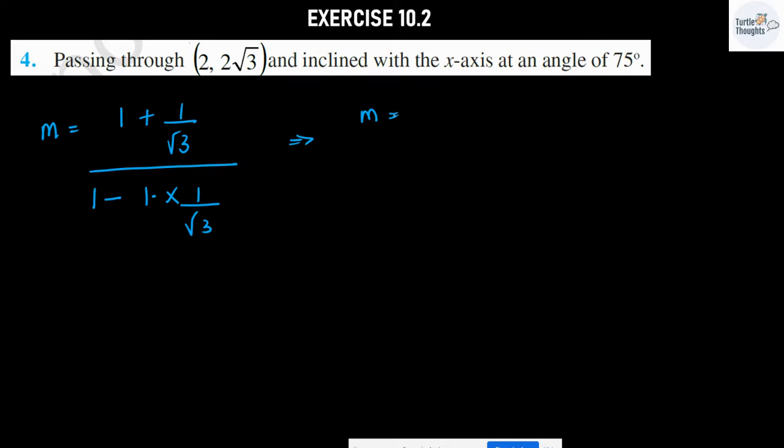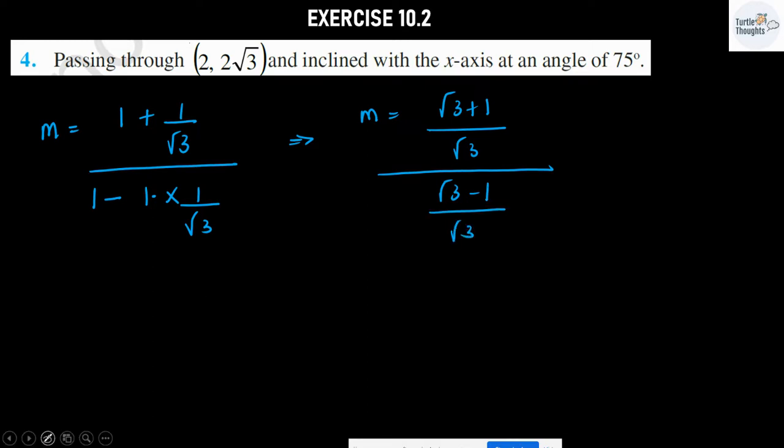Upon solving, I'll take the LCM over here. So I can write this as root 3 plus 1 divided by root 3, whole divided by 1 minus 1 over root 3, which simplifies to root 3 minus 1 over root 3. Now, I know one more formula: whenever we have a fraction upon a fraction, a by b over c by d, I can write this as a by b multiplied by d by c.